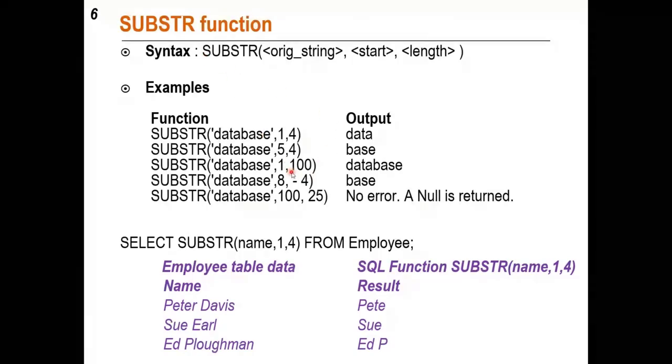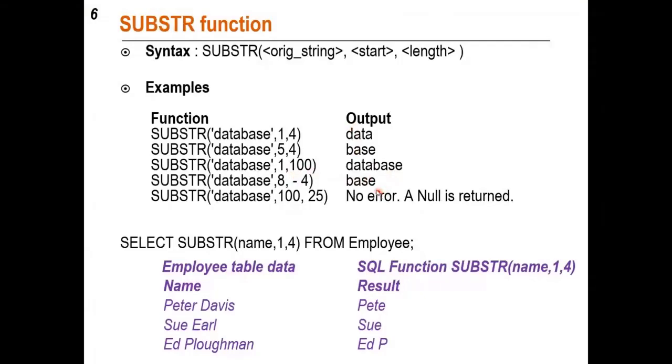All right, so the substring function. There are a bunch of examples here that give you the kind of output I will get. In this first example, this is the original string. I can specify the original string or the column name, that's perfectly okay.